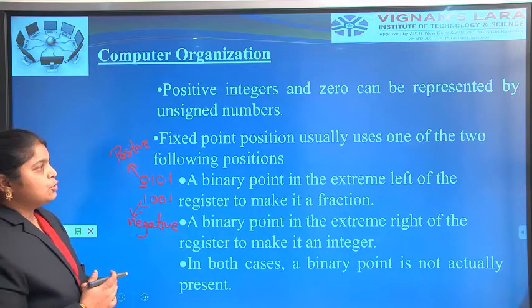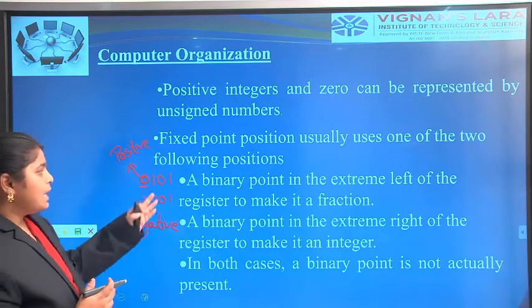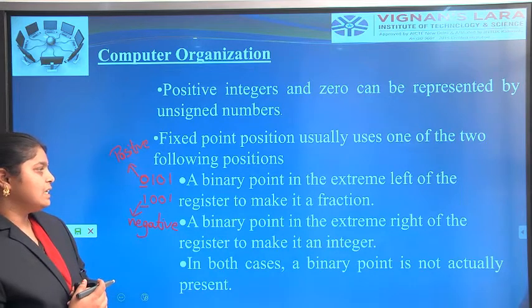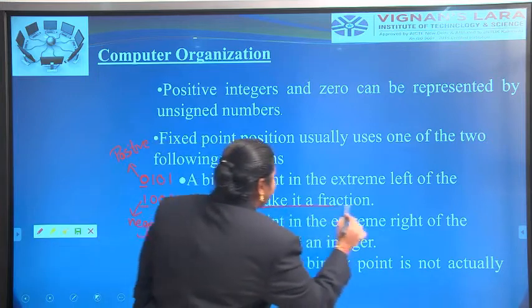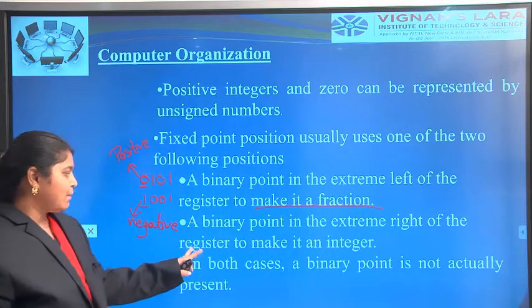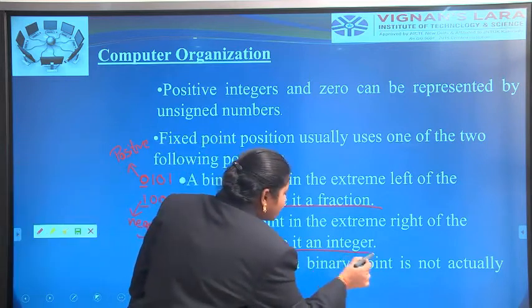Fixed point position usually uses one of two positions: a binary point at the extreme left of the register to make a fraction value, and a binary point at the extreme right of the register to make it an integer.